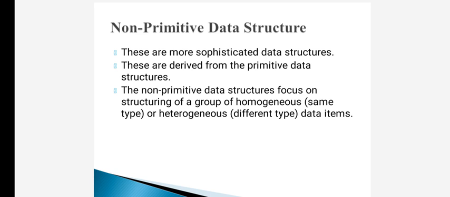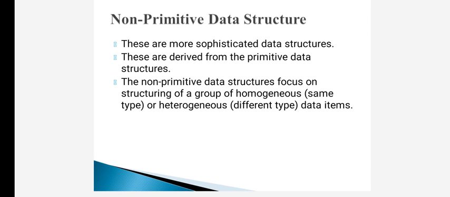For example, if we talk about homogeneous, like 1, 3, 5, 7, 8, all these elements are of the same data type, like integer. If we talk about heterogeneous, like 1, 2.5, 6.2, a, all these elements are of different data types.